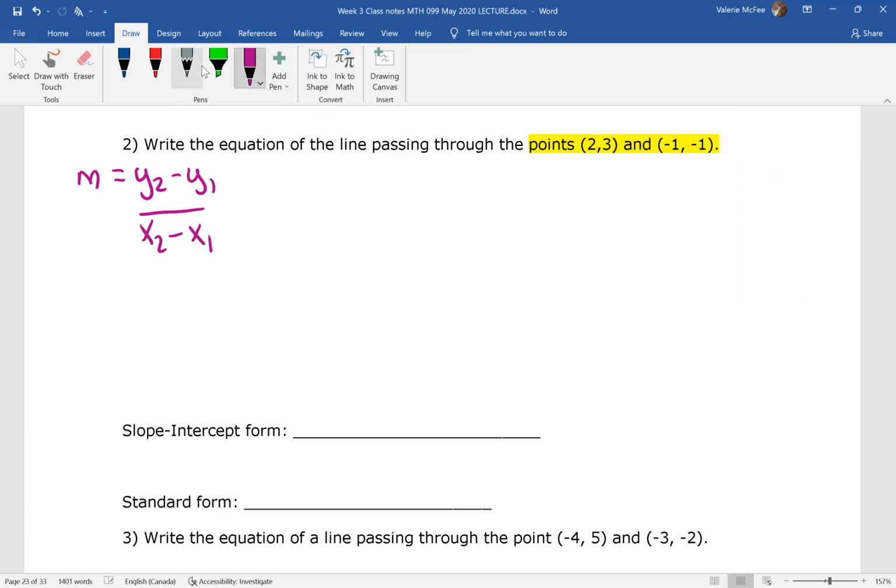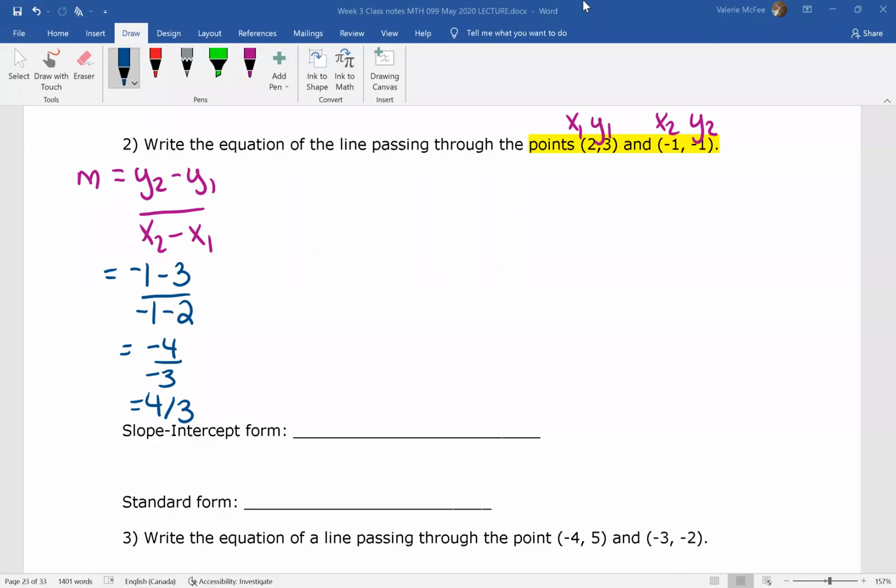That means I need to label my points. And again, it doesn't matter which is x1, y1, y2. It doesn't matter. Pause your video and find the slope. Did you find the slope is equal to 4 over 3?